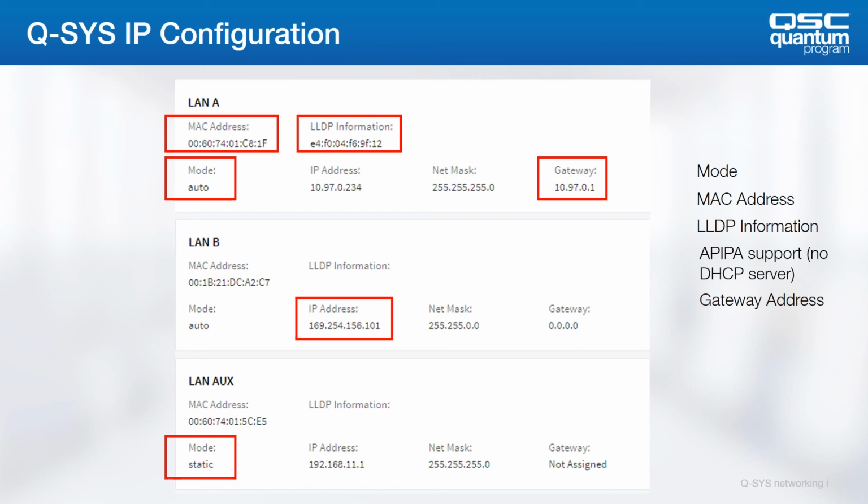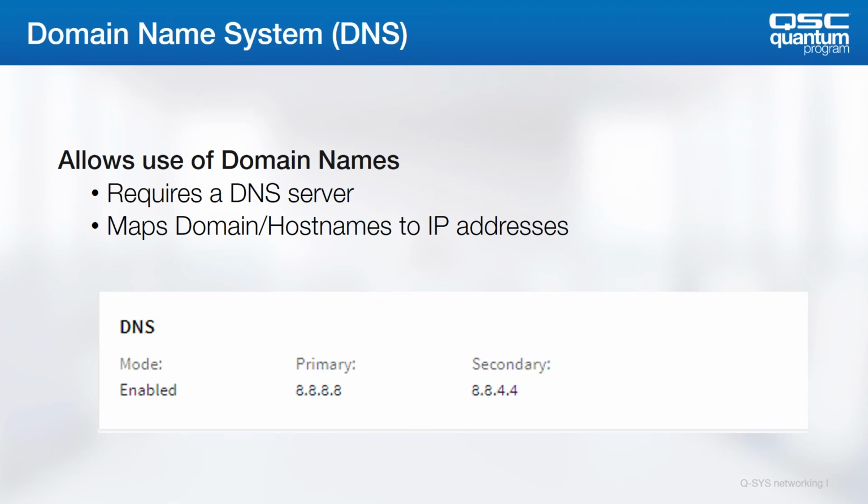Note that only one gateway should be configured for the combination of all interfaces, and we'll explain why later. We have one additional configuration option that should be discussed, the Domain Name Server, or DNS configuration. A DNS server is a computer that translates domain names, such as QSC.com, to IP addresses, so that devices know how to address a packet.